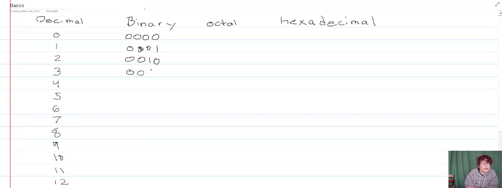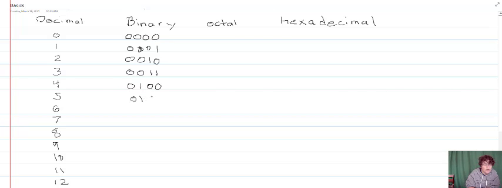3, the next number I can get to, is 1, 1. That has a 1 in the 2's place and a 1 in the 1's place, so that's 2 plus 1, which is 3. Now 4, the next number I can get to, is 0, 1, 0, 0. That has a 1 in the 4's place and zeros everywhere else, so it's just 4.